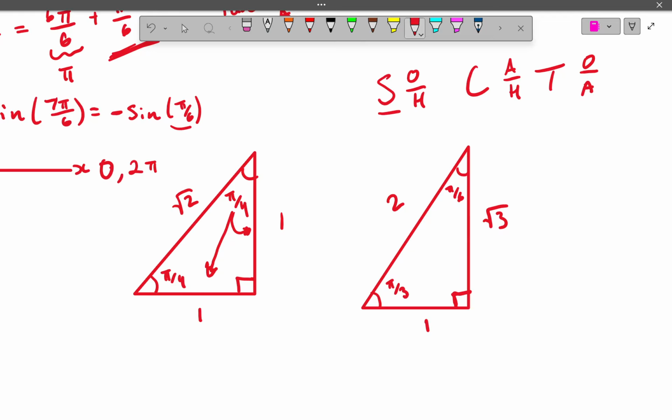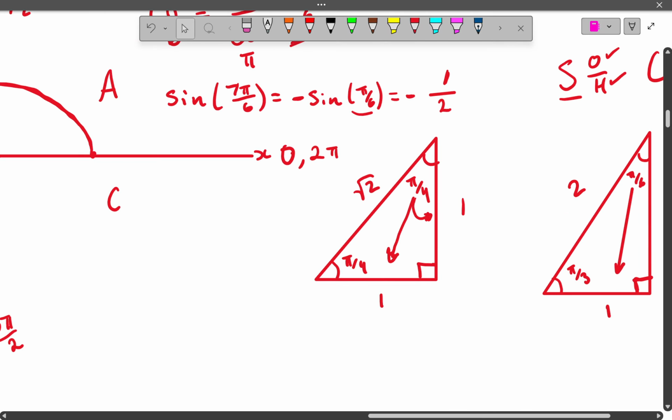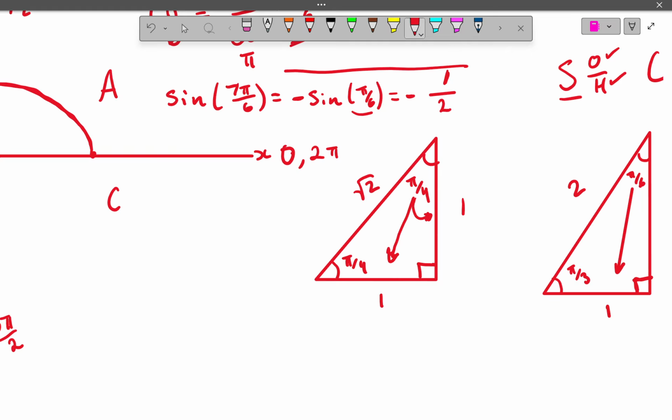So for pi over 6, what's opposite of pi over 6 is going to be here. That's going to be 1. So our answer is going to be -1 divided by the hypotenuse. So we did O, and then we did H here. The hypotenuse is 2. So our equivalent expression here would be negative sine of pi over 6 using the acute angle, which is equal to -1/2.